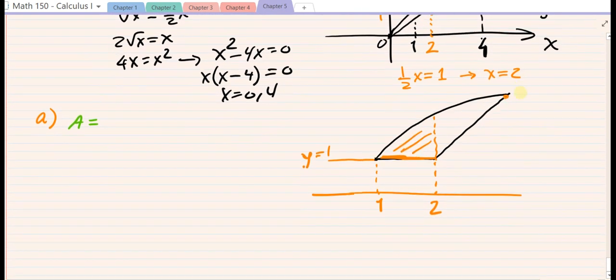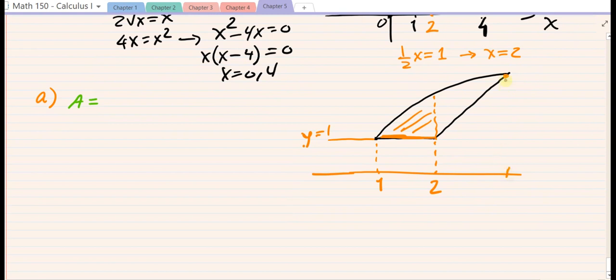And then the other part goes from 2 to 4, that other portion of the square root and then the slant line. Notice the lower function switches to the line 1/2 x. This one is just 1. We take y equals 1 to be our g of x here. All right, we're good to go. Now I can write the integral in part A.